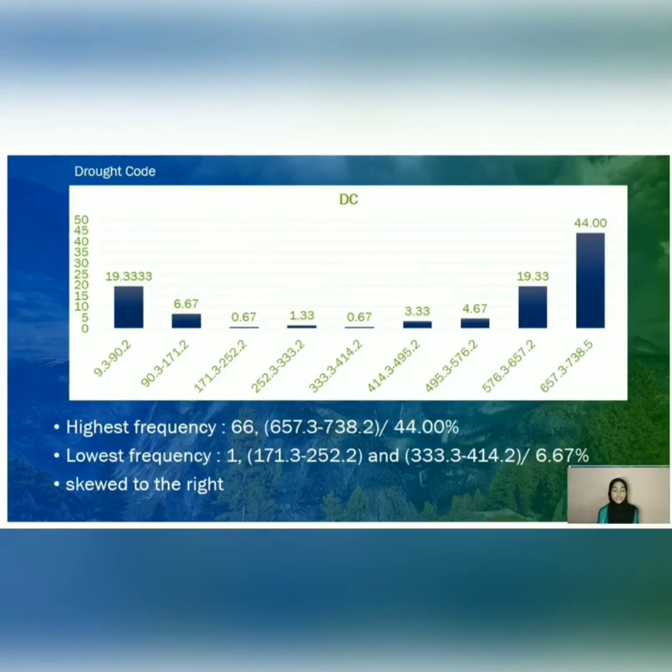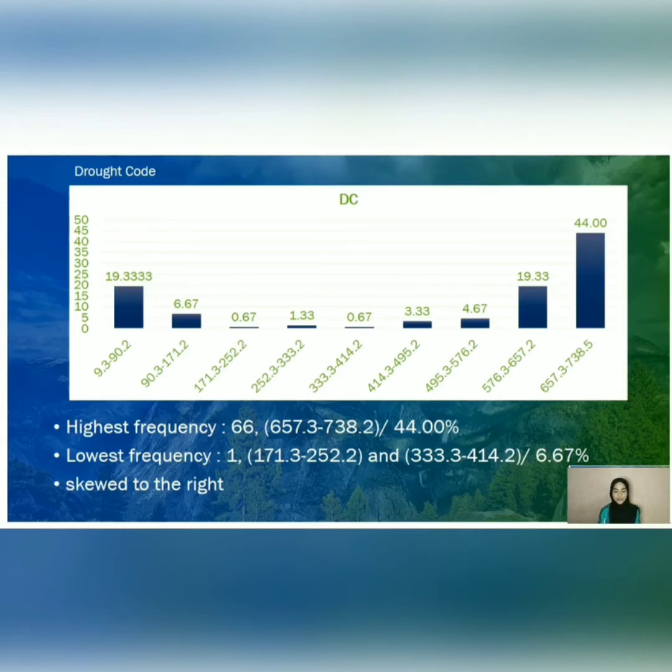For drought code, the highest frequency is 66 in the class limit 657.3 until 738.2, and the lowest frequency of drought code is 1, which is class limit 171.3 until 252.2, and 333.3 until 414.2.